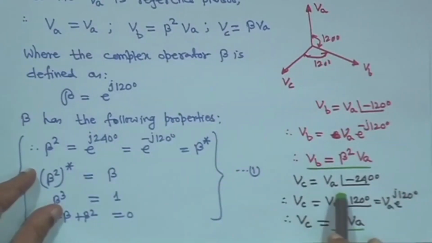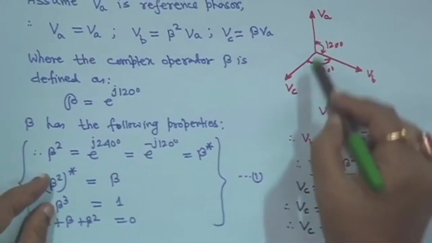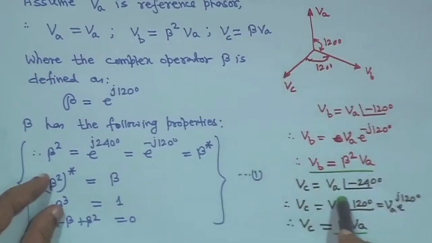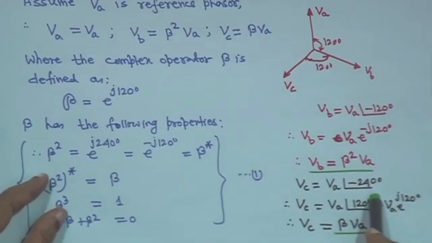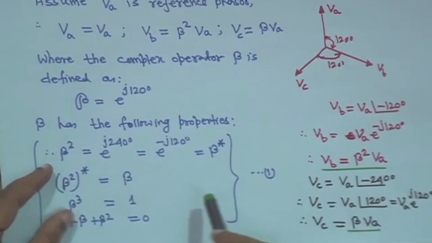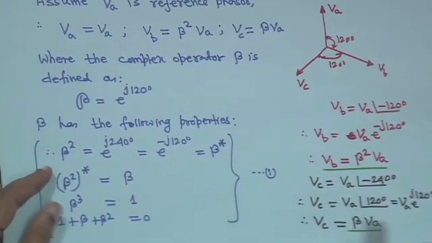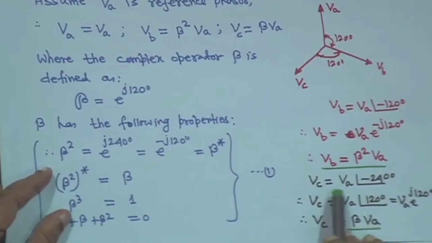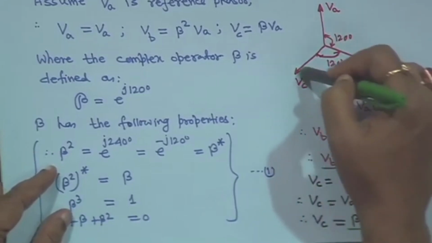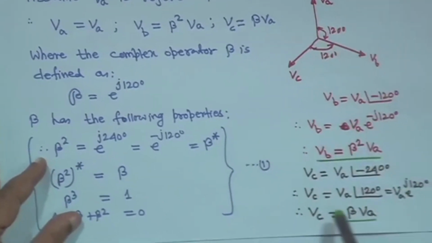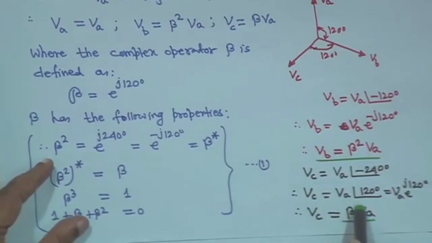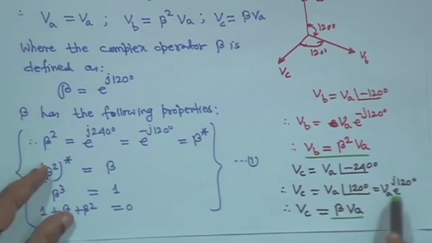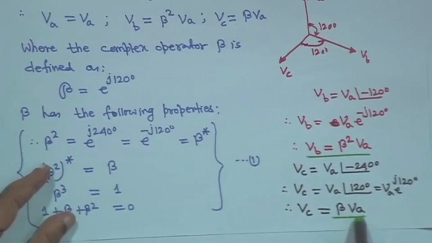Similarly, VC is equal to VA angle minus 240 degrees, because VC lags VA by 240 degrees, or otherwise VC leads VA by 120 degrees. So this can be written as VC is equal to VA angle 120 degrees, that is VA e to the power j120 degrees, so VC is equal to beta VA.